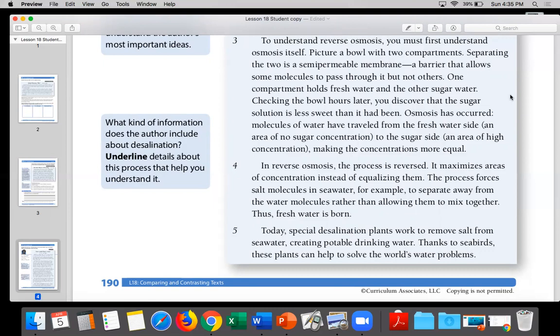Checking the bowl hours later, you discover that the sugar solution is less sweet than it had been. Osmosis has occurred. Molecules of water have traveled from the freshwater side, an area of no sugar concentration, to the sugar side, an area of high concentration, making the concentrations more equal. Okay, so they've had time to spread out.